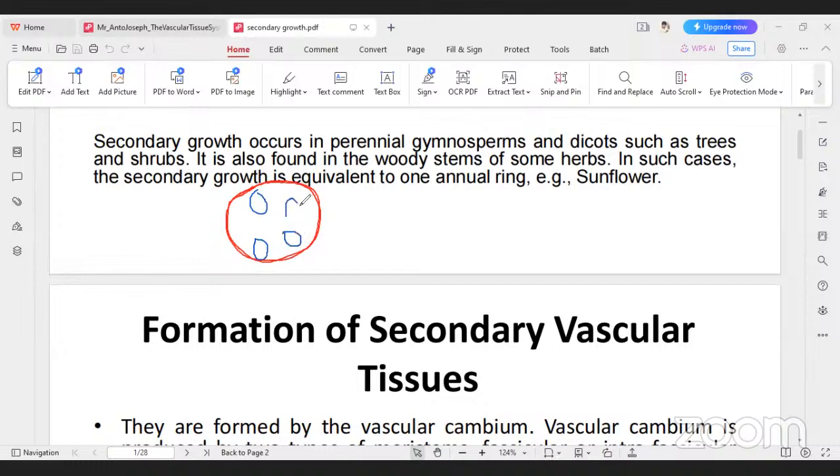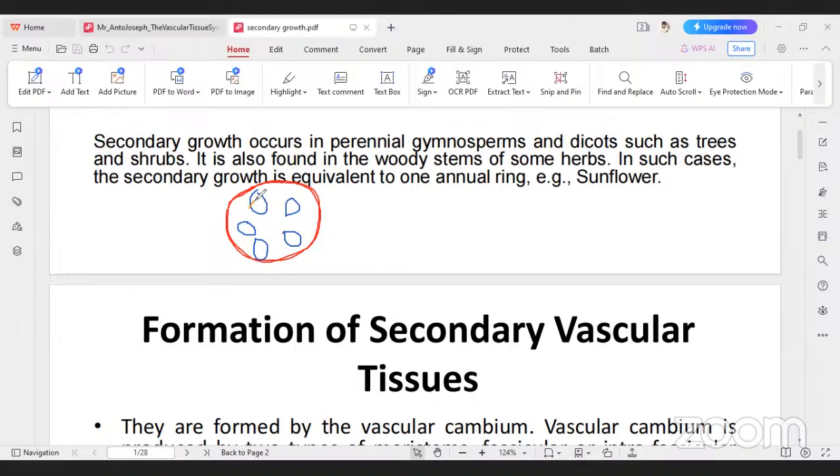For example, this is the vascular bundle. What is present inside it, sir? Xylem and phloem, sir. What is present in between xylem and phloem? Cambium. Right.